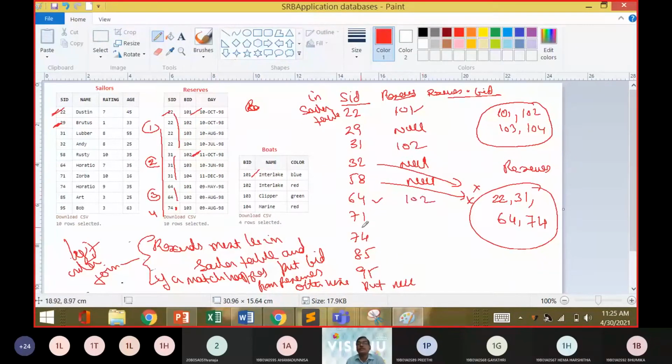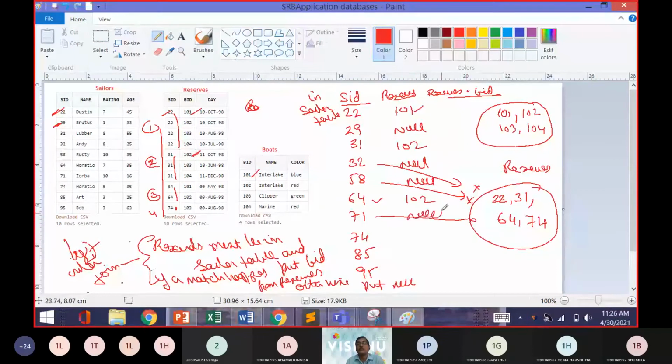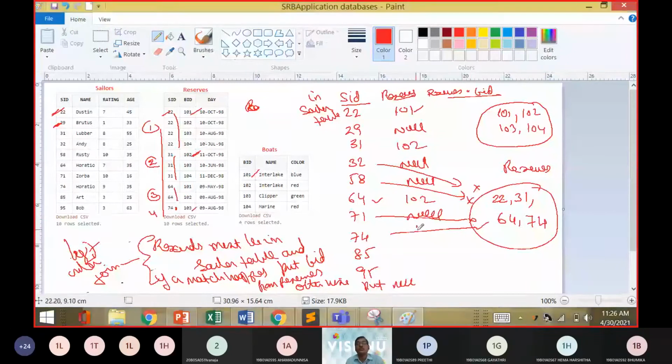Next, is 71 in the set? Answer is no. So put null value. Is 74 in the set? Answer is yes. So put the value for 103. Then what is 85? Is he available here? The answer is null. Is 95 in the set? No. So answer is null.